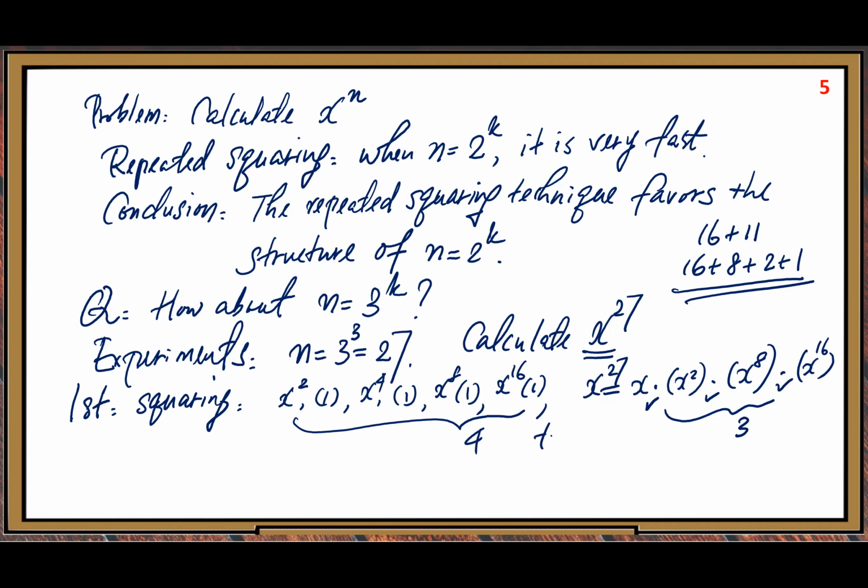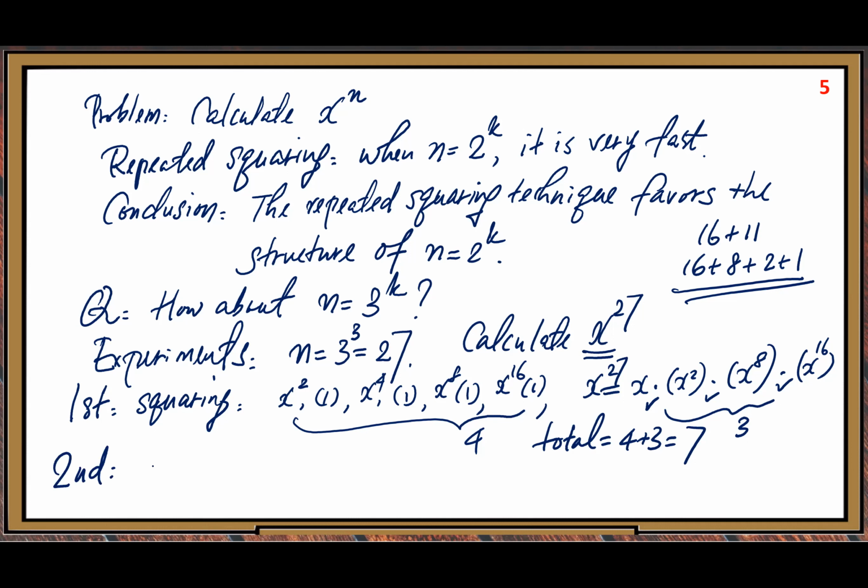So the total equals 4 plus 3 equals 7. So based on the repeated squaring technique, we need 7 multiplications.